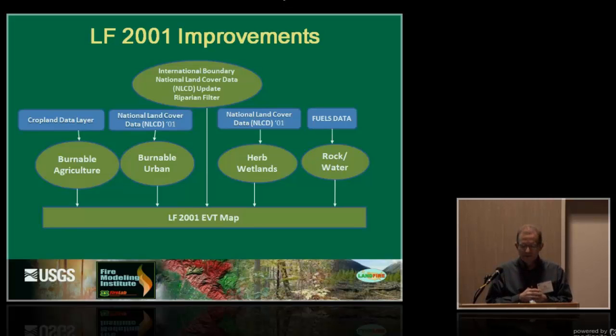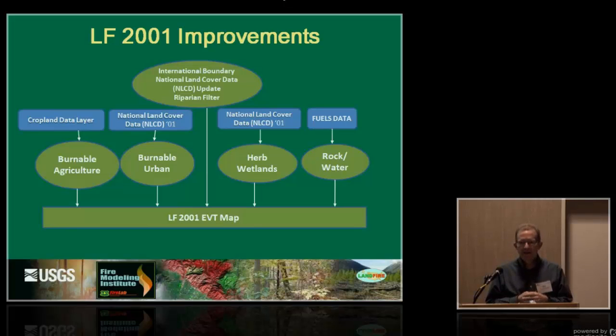We had a handful of international boundary issues where we had cut things off. The actual boundary of the country and national really wasn't very well defined, so we got a very official 30-meter boundary of that, and did some other things with riparian. And then like I said, we put in that NLCD, the herbaceous wetlands.